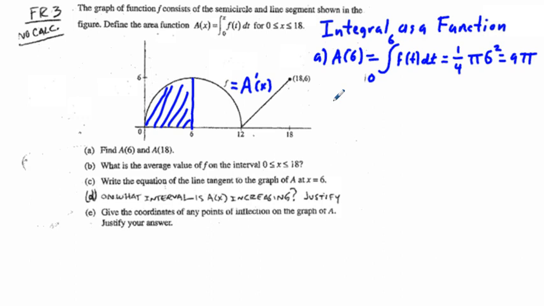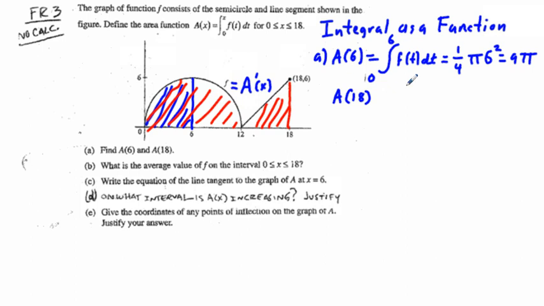And as far as A of 18, I'm going to now hash that in here in red, overlapping. That's going to be the area of this semicircle and of this triangle here.